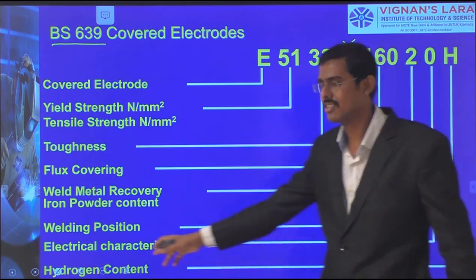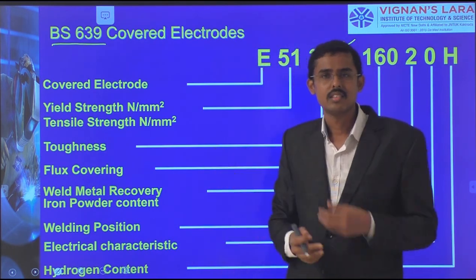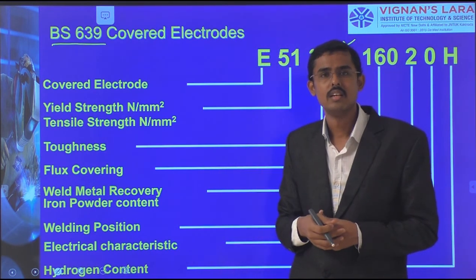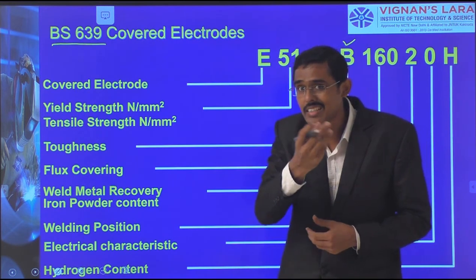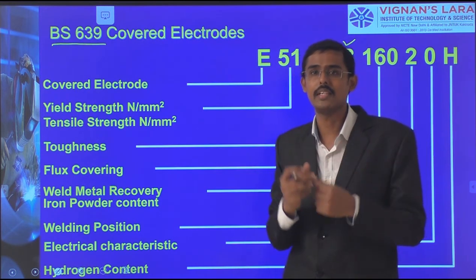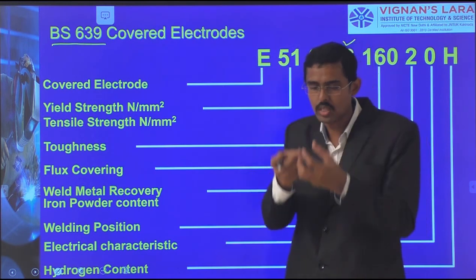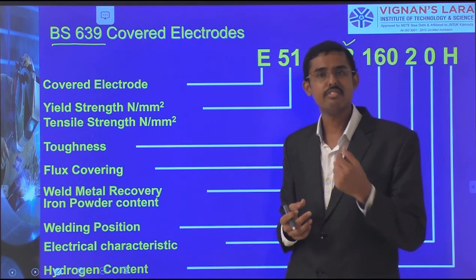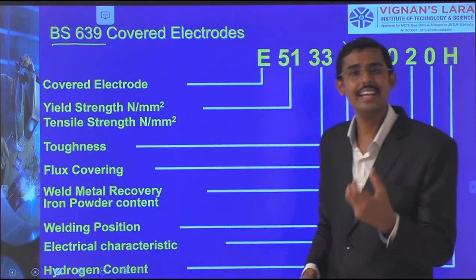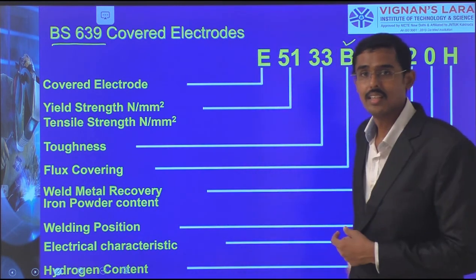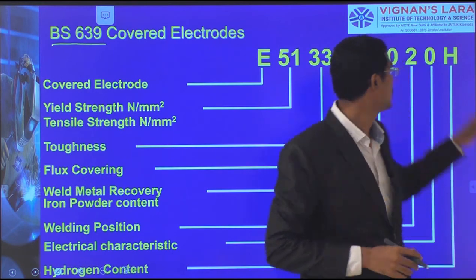At last, hydrogen content. I told you during the study of rutile fluxes and cellulose fluxes that hydrogen contents are there. Hydrogen embrittlement will take place, because in the presence of hydrogen the volume increases as the temperature goes downwards. Therefore the hydrogen content should be less. Here this H represents it, and a number will be given.